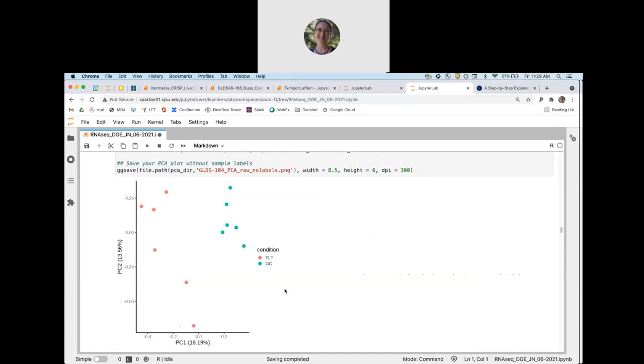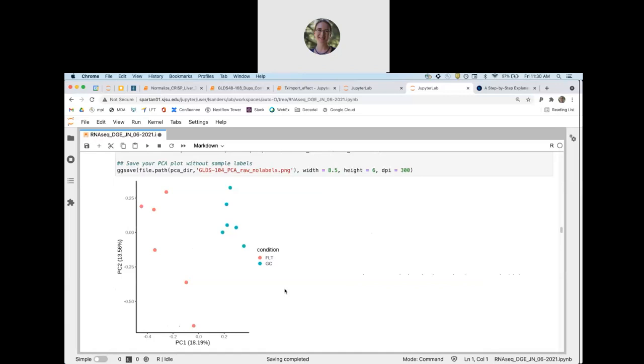What do you mean by that exactly, Hannah-Lee? Like you can draw a line that separates. That's true. You can draw a line that separates them. Let's think like a biologist or a bioinformatician. What is going on in terms of the biological conditions?